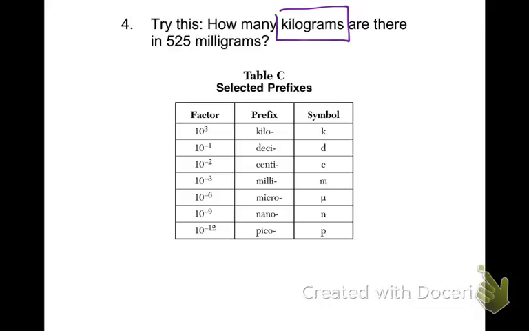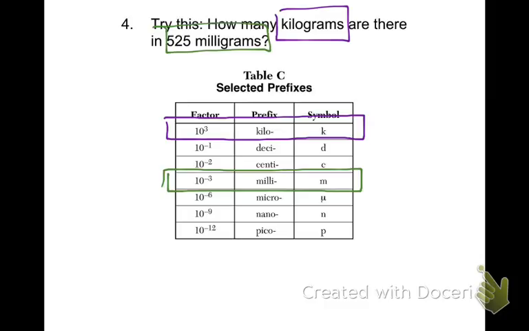We've got kilo and we've got milli. So what we're going to do is use reference table C to pull these conversion factors out. So for kilo, we're going to use this one, and for milli, we're going to use this one right here. So let's use reference table C and make our conversion factors.